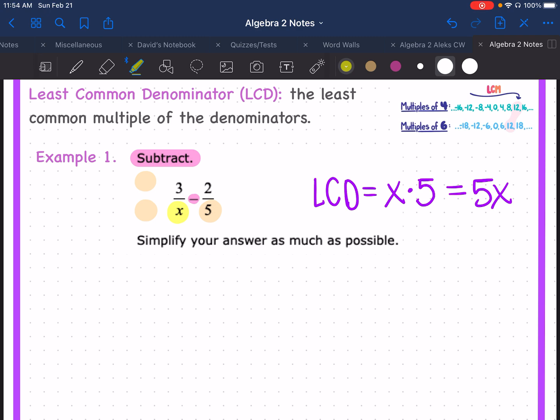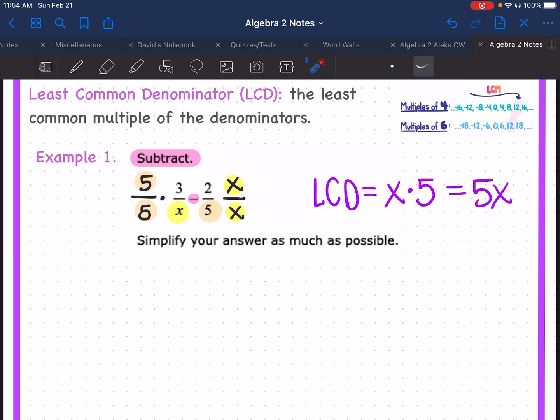And since the second one has the peach, I'm going to multiply by the yellow. So now I can add the numbers, and I can see them very easily. In the peach is the 5, so it's going to go top and bottom, and I'm going to multiply 3 times 5, and 5 times x, top times top, bottom times bottom. And over here, my yellow should be x and x.